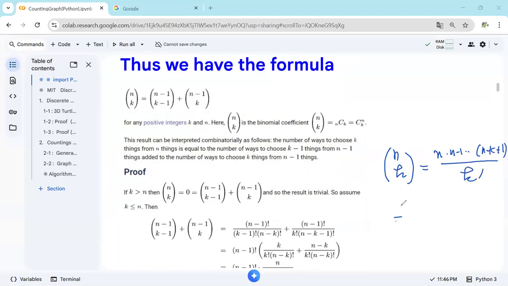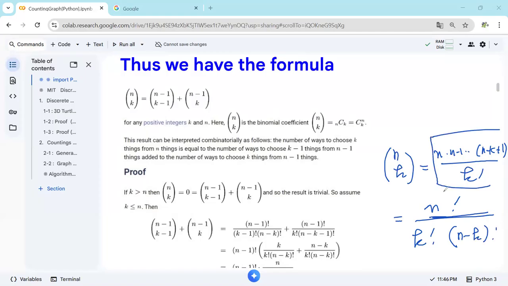And this one can be expressed in this way. So the n factorial divided by, so this is k factorial. And so since this is 1, so must be divided by n minus k factorial. So this one is in fact equal to this one.